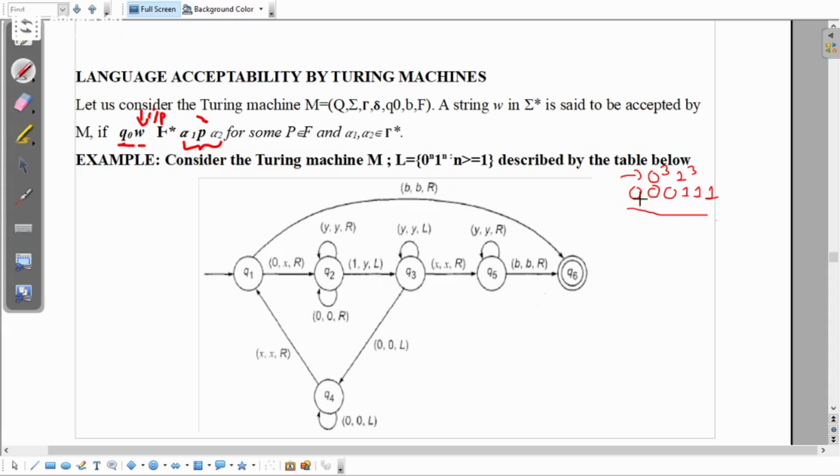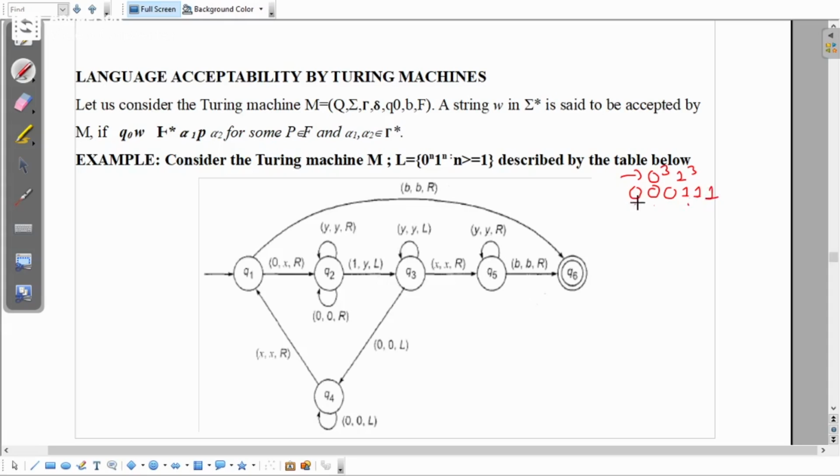So here, how do I check whether it is according to the language or not? For this 0, there has to be a corresponding 1. For this 0, there has to be a corresponding 1. For this 0, there has to be a corresponding 1. This is how I should go. Next, for this 0, there has to be a 1, and similarly it should go.